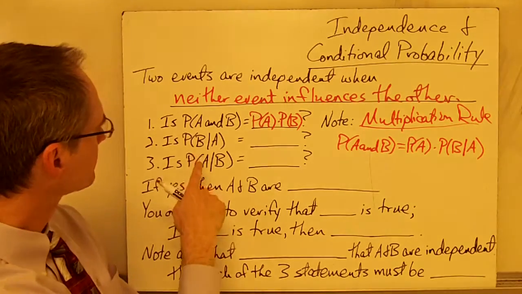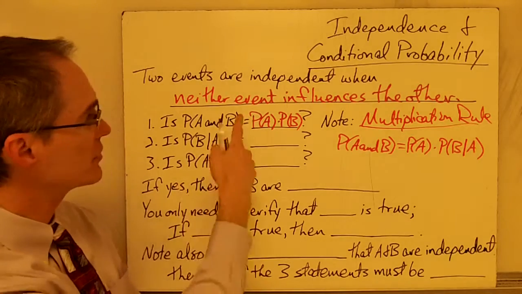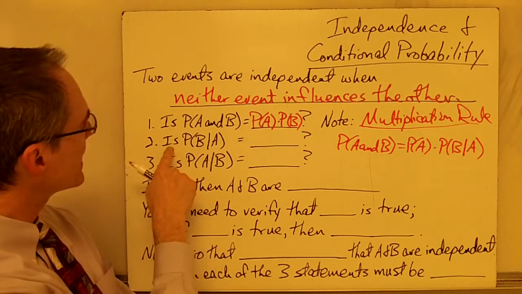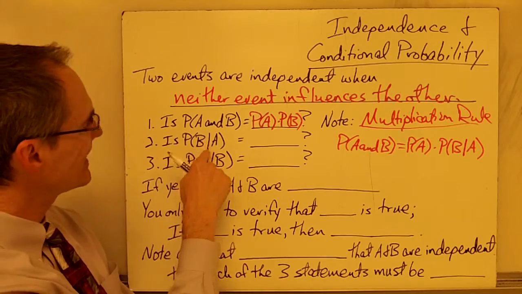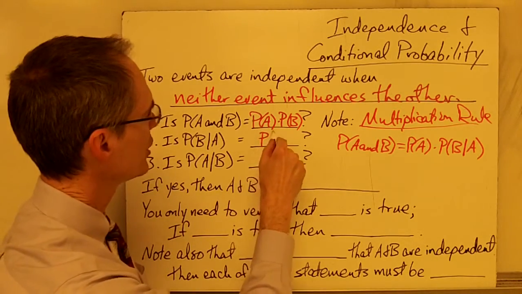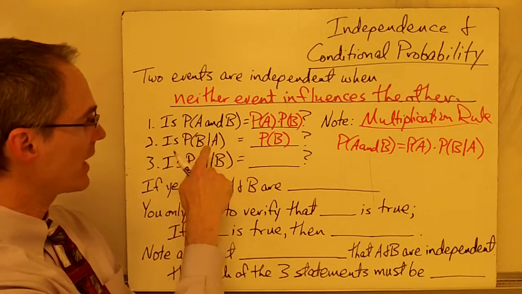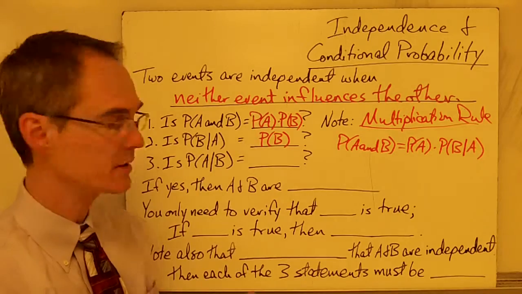All right? Now, another test that I could use to see if two events are independent is if the probability of B, given that A has already happened, is equal to just the probability of B, then I know that events A and B must be independent.